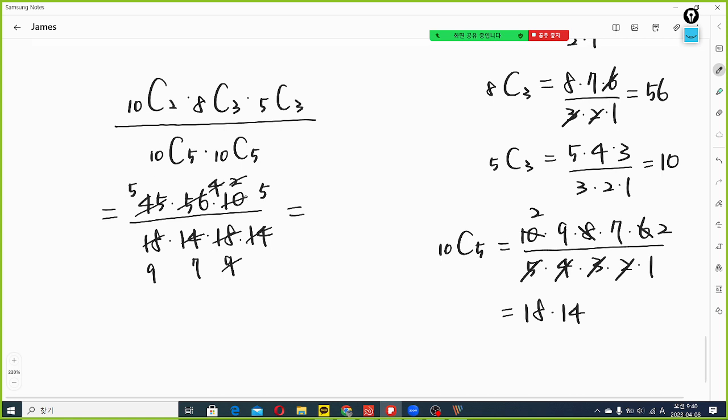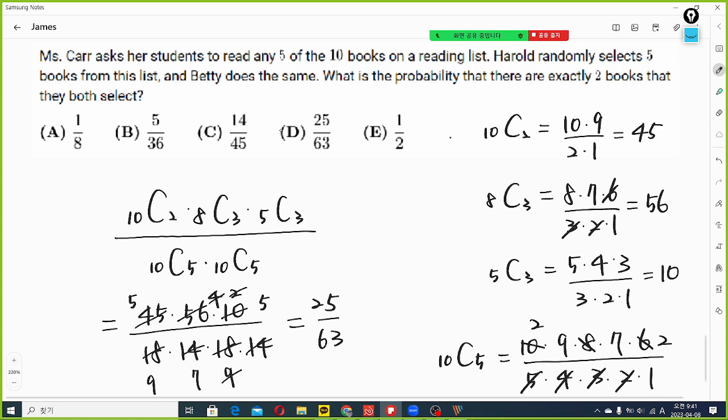Yep, so the denominator is 9 times 7, 63, and the numerator is 5 squared, 25. Yep, so the answer is D.